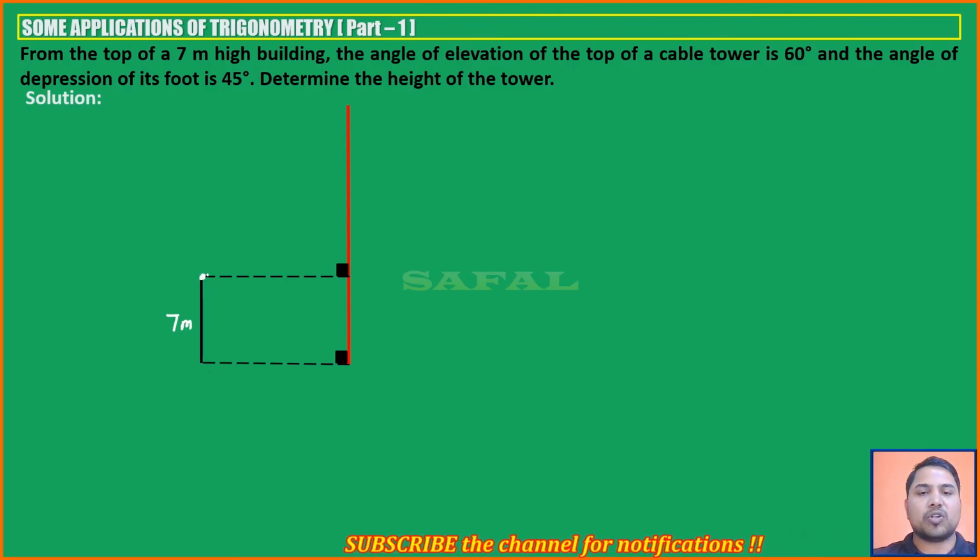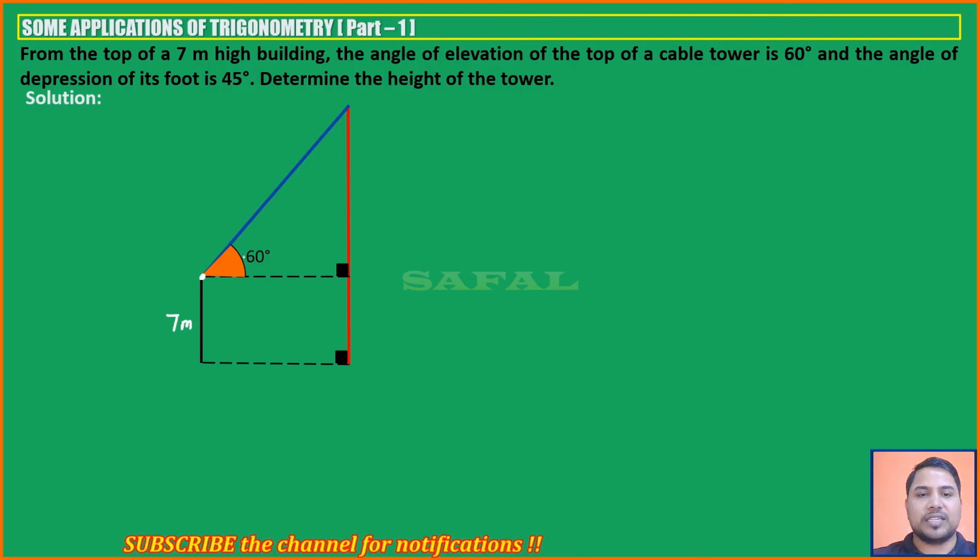The white spot you can see is the point where the observer's eye is. The angle of elevation of the top is 60 degree. So this is the top of the tower and the angle of elevation is 60 degree. The angle of depression of the foot from the same point is 45 degree. What they are asking is the height of the tower, so the red length we need to calculate.